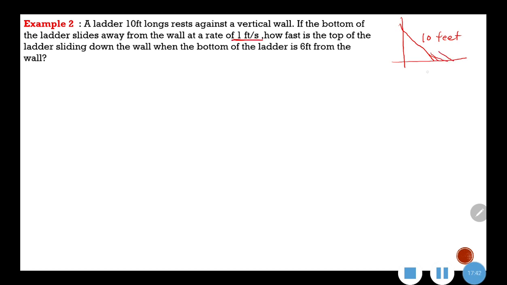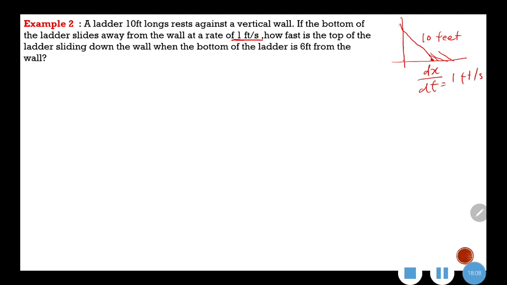So the sliding is termed as dx over dt, 1 feet per second. The question is, how fast is the top of the ladder sliding down the wall when the bottom of the ladder is 6 feet from the wall?